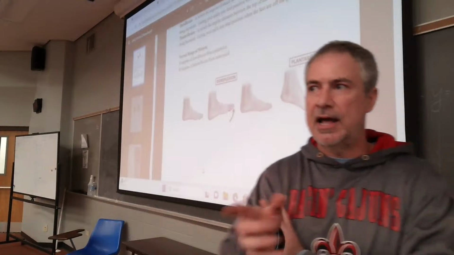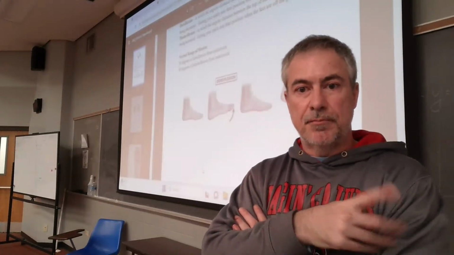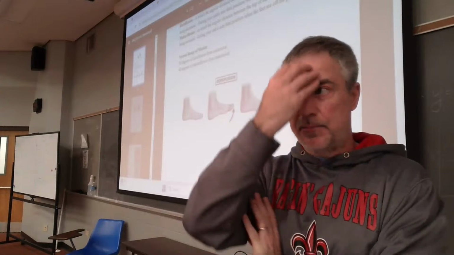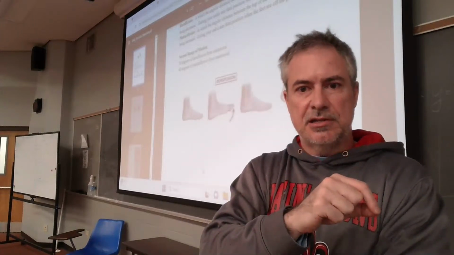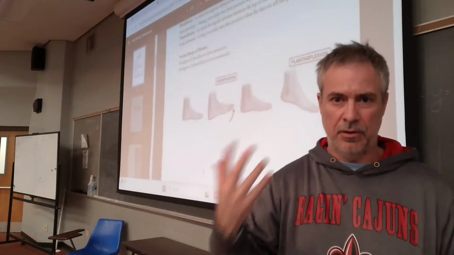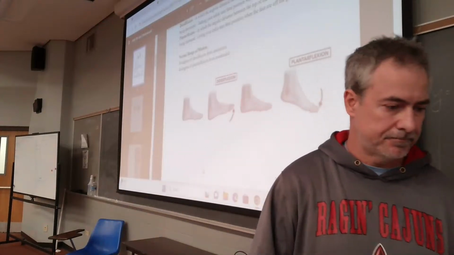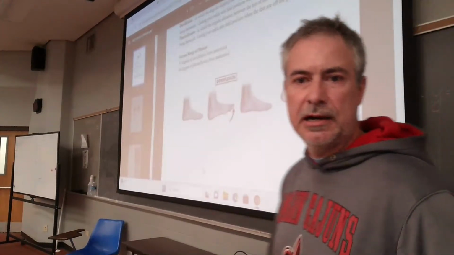What I ask students to do for a few minutes is Google some pictures of ankle positions and practice looking at them and saying, okay, I'm dorsiflexed, I'm plantar flexed. You can do it in real time, or you can pause the video.